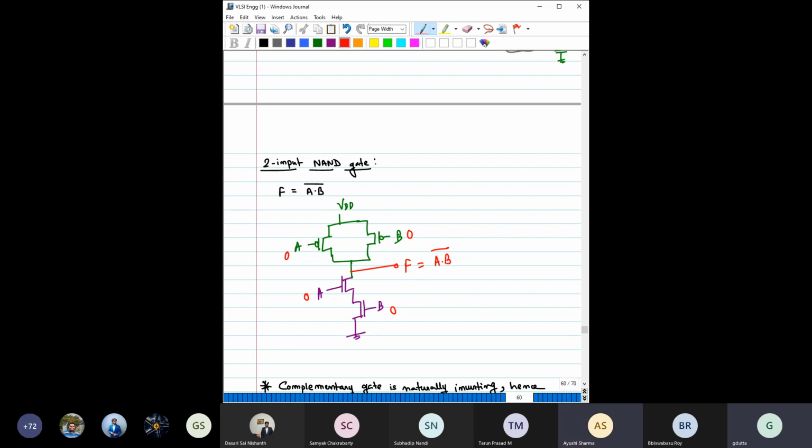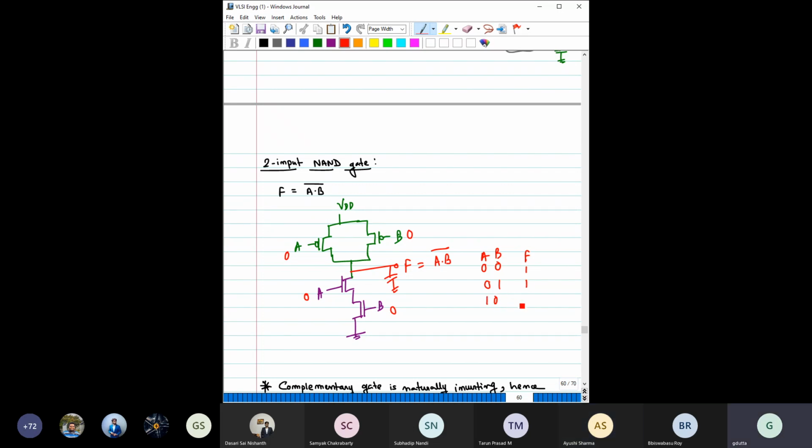The output would be 1. I mean, the capacitor would get charged and the output would be 1. Okay, so let us write that. For the next case also, it would be 1.